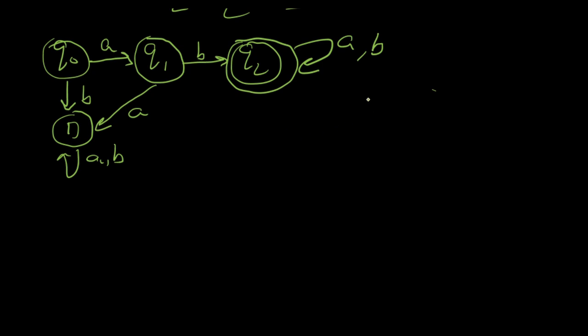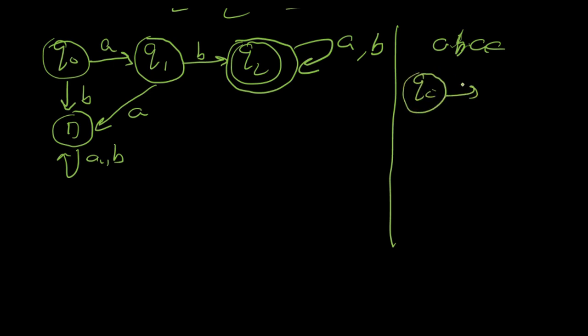Suppose we are given the string ABAA. Now let's check how it happens. Let's start with our initial state Q0. At Q0, when we get A, we move to the state Q1, and at Q1 we get B, we move to the state Q2.